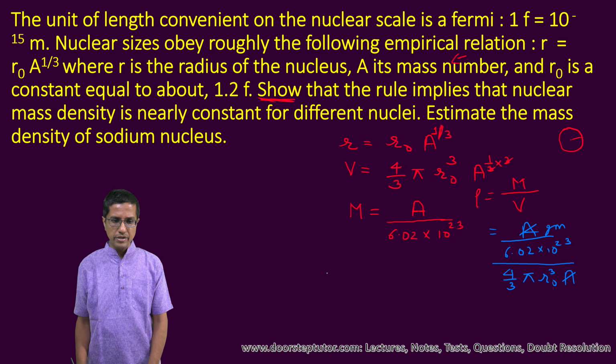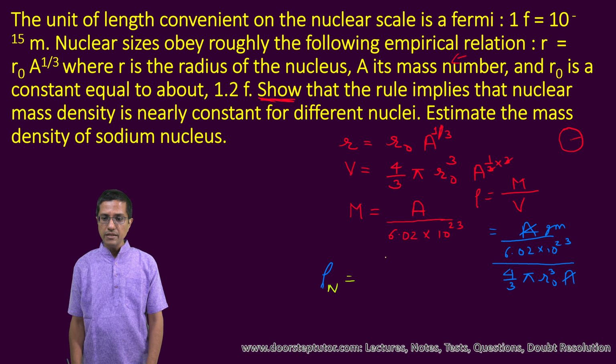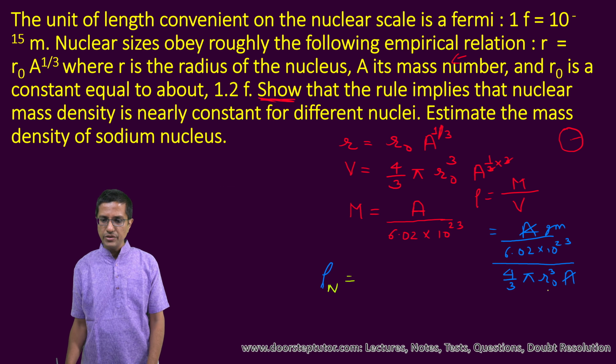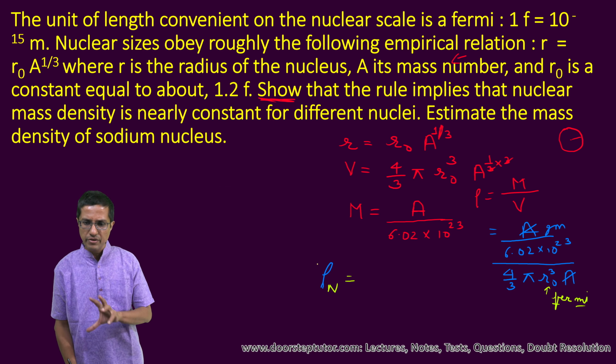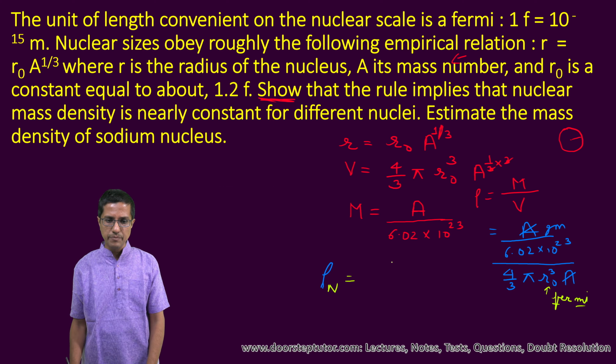So our density of the nucleus, if you want to compute it, is in grams, and this R0 has been given in Fermi. We'll just keep the units as is, and later on we'll change the units. We will not make things complicated, we'll keep it very simple.